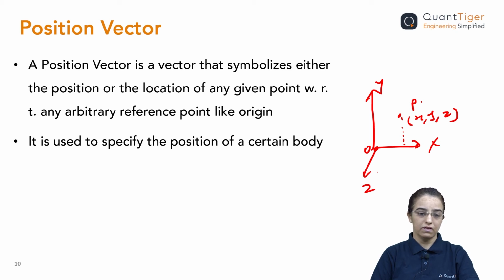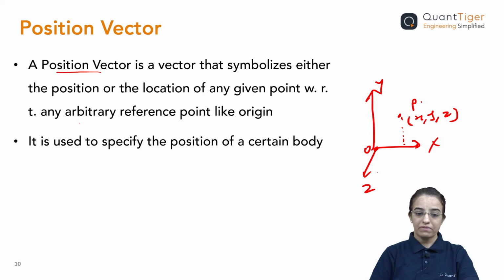If we want to define it, a position vector is a vector that represents the position or location of any given point with respect to an arbitrary reference point, like the origin.